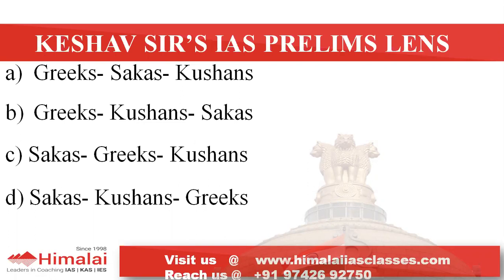And the rule of Kushanas marks a very important phase in the art, architectural, and also cultural development of Indian civilization. So the right answer will be Greeks, followed by Shakas, followed by Kushanas.